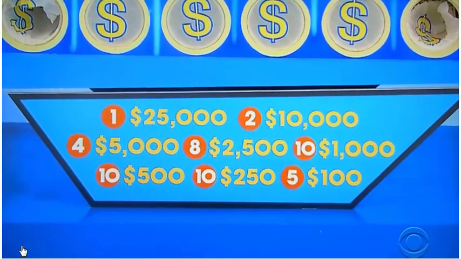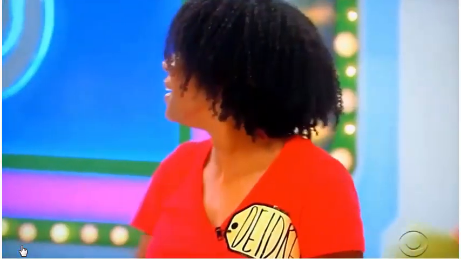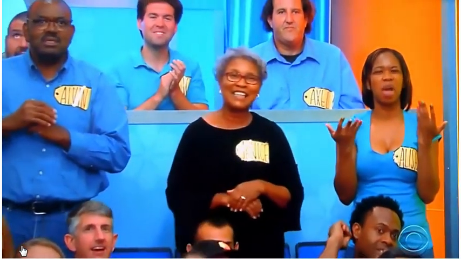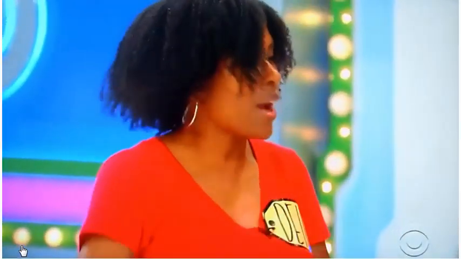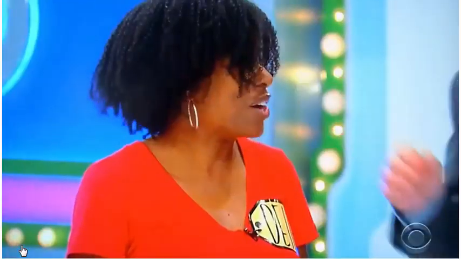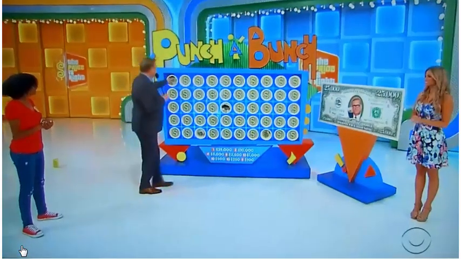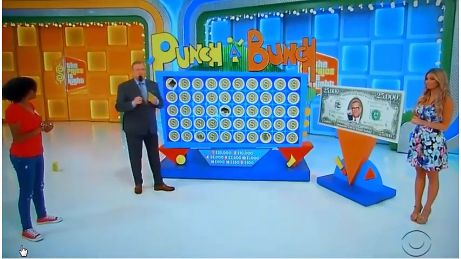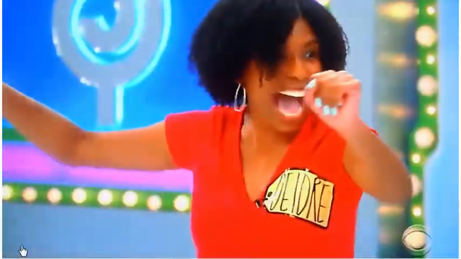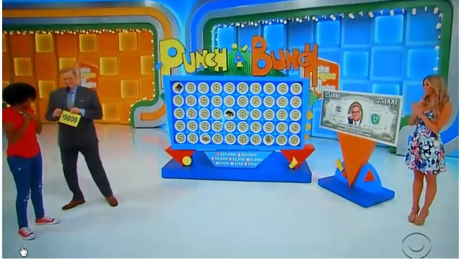Do you want to keep this, or do you want to throw it away and try for more? Throw it away. You just threw $500 away. I know. Really daring to throw $500 away like that. Then you went to the top left corner. People always scream, "Go for the corner," like we've never heard that. Hey man, $5,000. Wow.